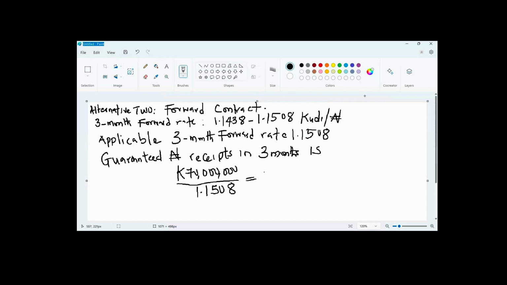What is the naira amount, the guaranteed or binding naira receipts?